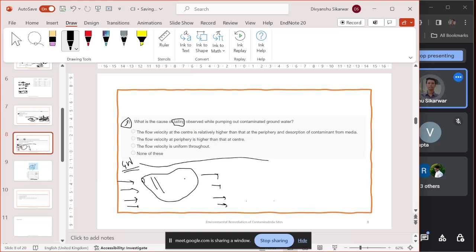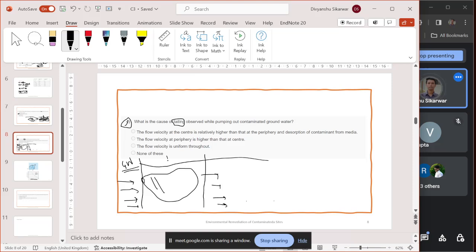Initially we can think of building a barrier so that this contaminated water does not contaminate the other aquifers, or the complete groundwater present. This may be one way.